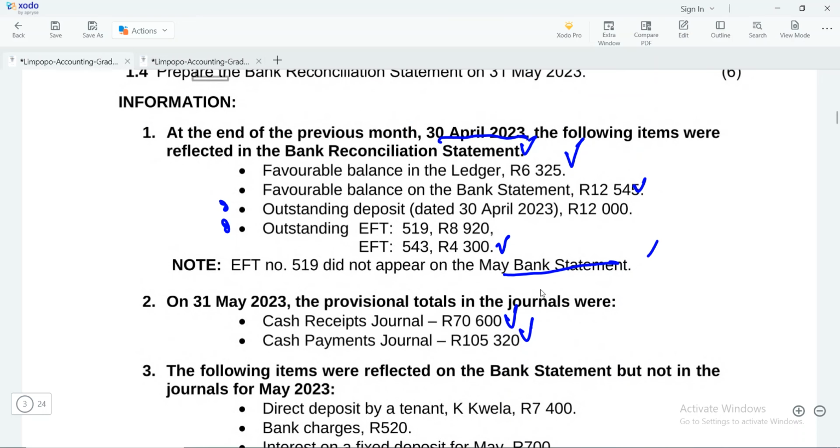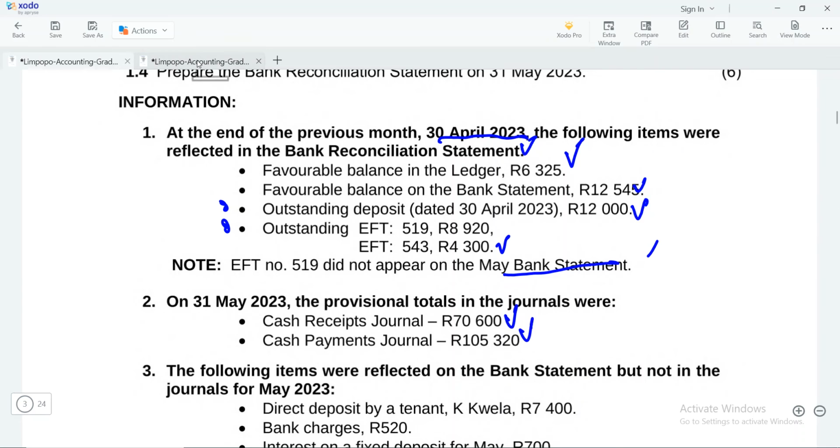Now remember, like I said, this deposit, they did not mention anything about it, but here they made a note to say that the only thing that did not appear on the current bank statement for May is EFT number 519. So this deposit, we can consider it to have appeared, because if it did not appear, they were going to make a note for it here. So they did not say anything. So this EFT number 519, if we don't get anything about it in the adjustments, it will continue to be outstanding.